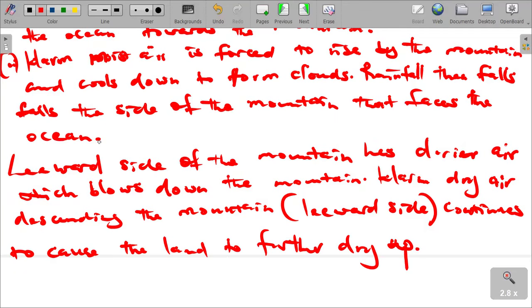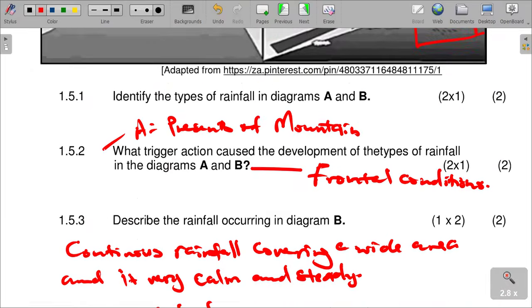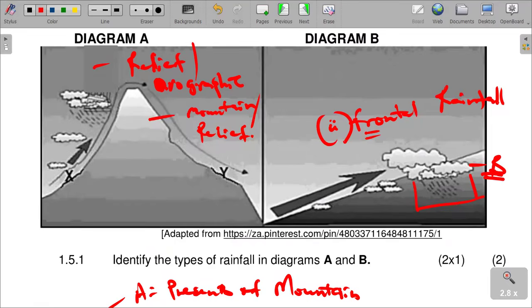So basically, this is what you need to understand. When we are looking at relief rainfall, you should see that we have the escarpment there, and the leeward side, which is going to be dry because the moisture only rises from the side of the ocean. The ocean causes warm moist air to rise, and then condensation occurs.